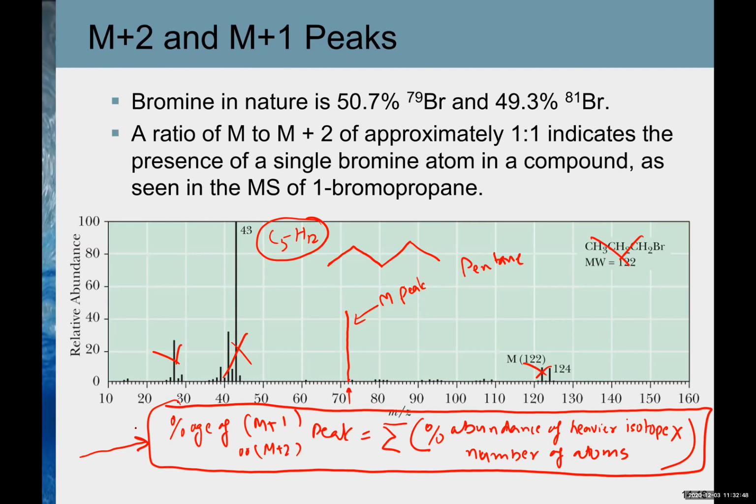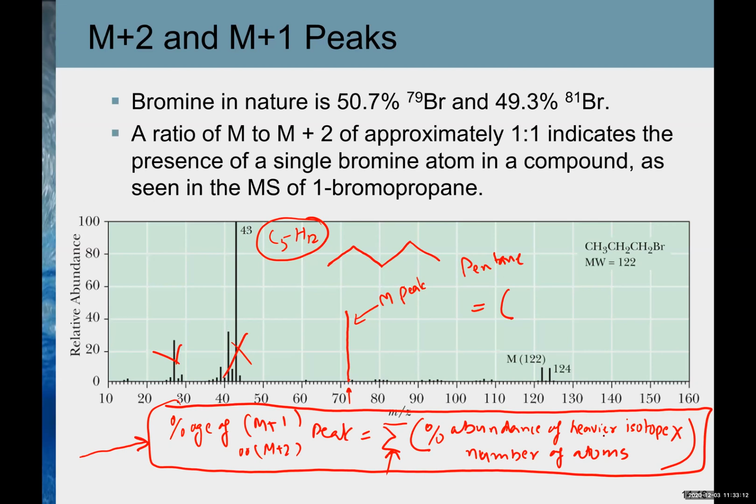Okay, so let me calculate now. According to this formula, summation means sum of all the atoms. We have two kinds of atoms, carbon atoms and hydrogen atoms, so we need to add both of them. That's the meaning of sigma. So first let's talk about carbon.